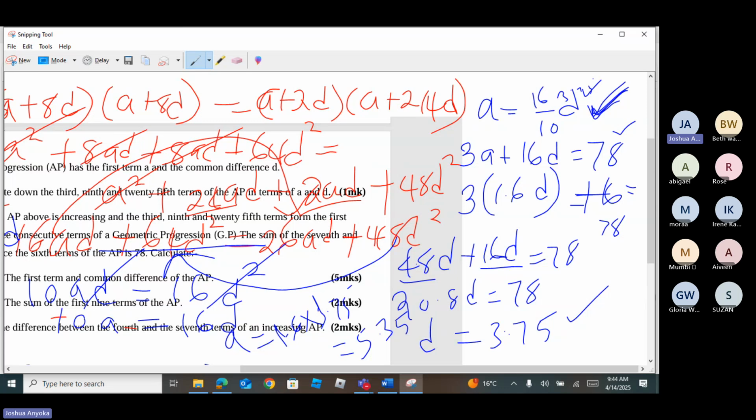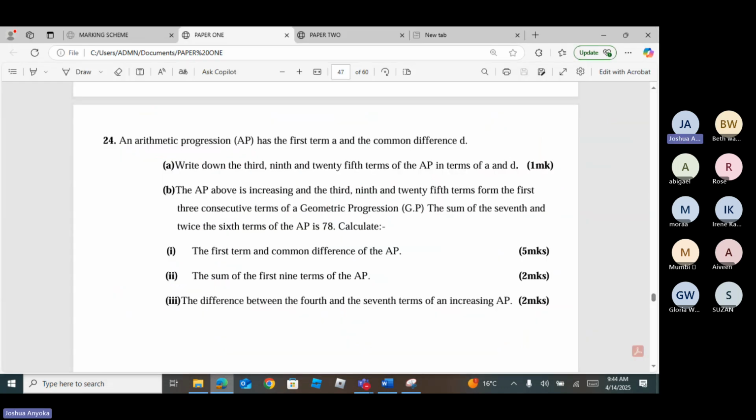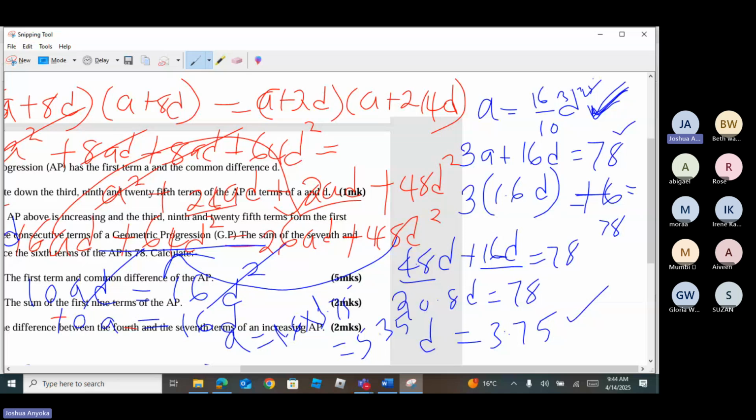Well, what was the question? Roman 1, the first term and the common difference. So what is the first term now? The value of A. Where? Kuna yule ali multiply 1.6 times 3.75. Yeah, it is 6. What is 1.6 times 3.75?